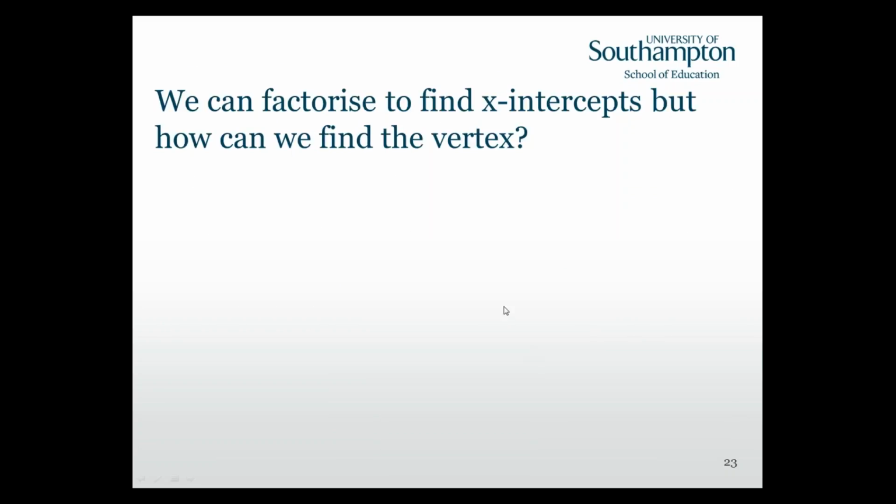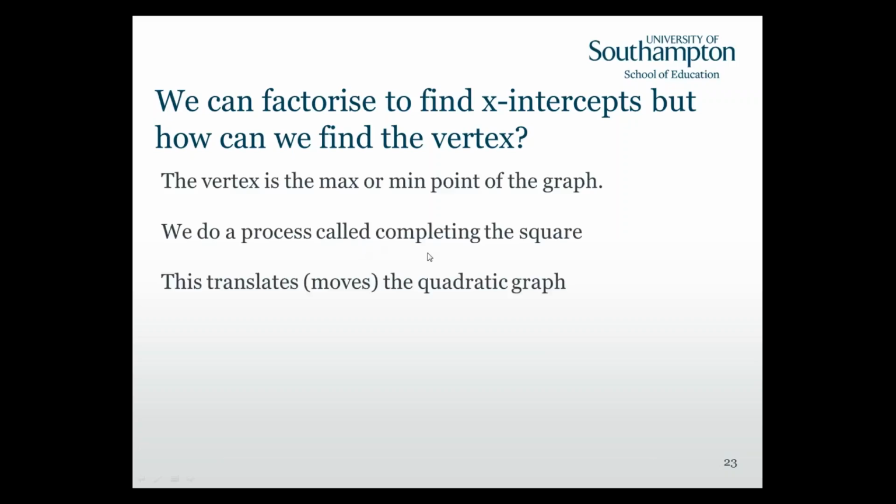So we've been doing factorising, which has really helped us to find x-intercepts, but the vertex, the max or the min point of the graph, is why completing the square is useful, because it is related to translating the quadratic graph. So we're going to have a little diversion now into translations.